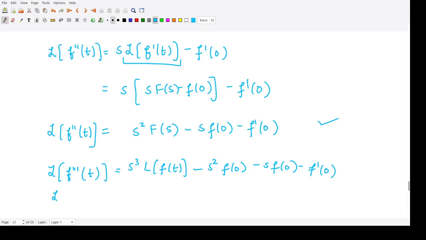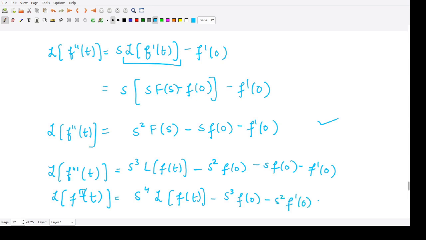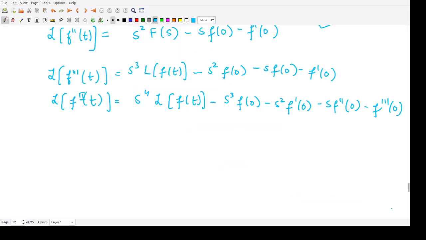And then the Laplace transform of the fourth derivative would be s raised to power 4 F of s minus s cube f of 0 minus s square f dash 0 minus s f double dash 0 minus f triple dash 0, and so on. You keep on doing this.